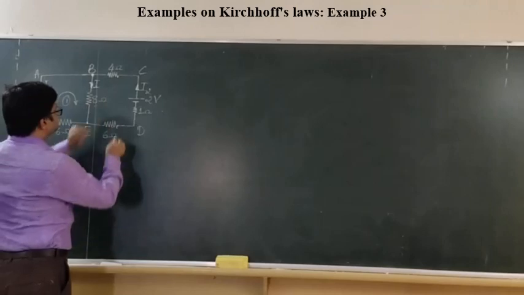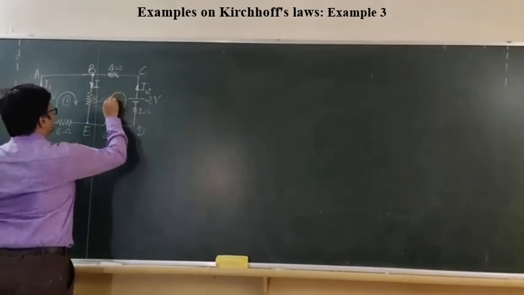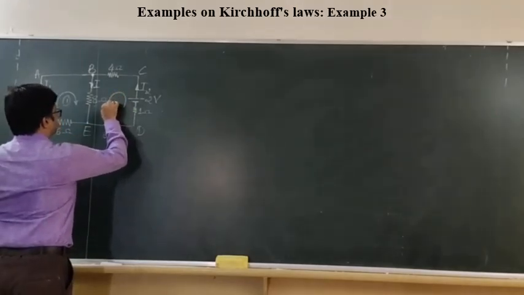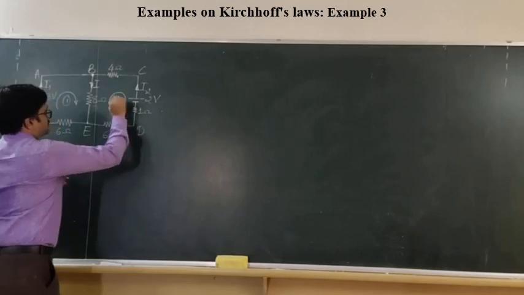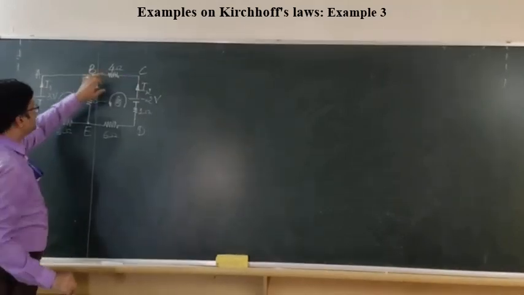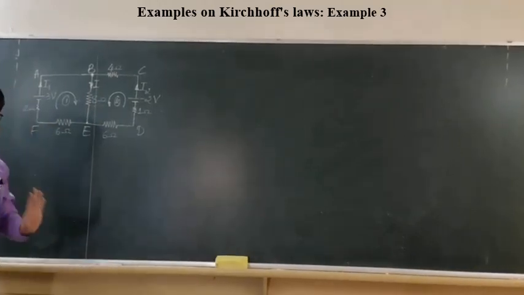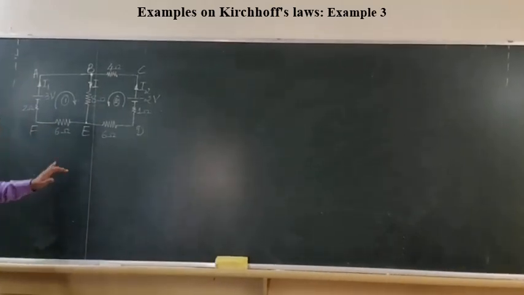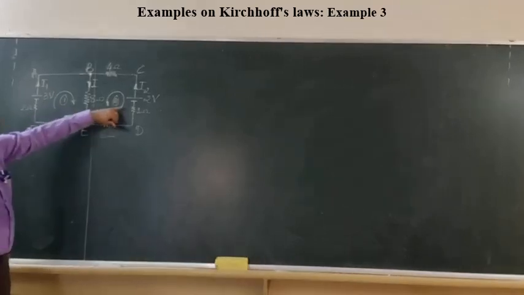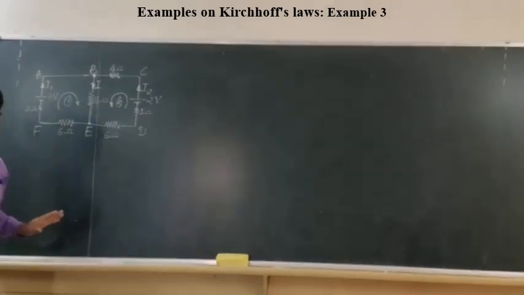The second loop I will consider like this: C, B, E, D, C. That is the second loop that I am considering. Now the first loop is clockwise, the second loop is anti-clockwise. That I have chosen.